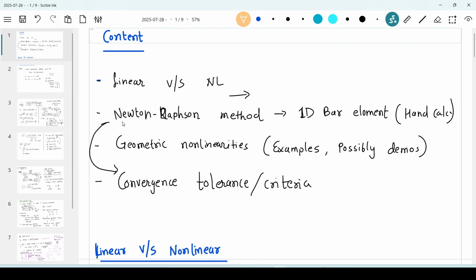Right now we are just trying to understand the nonlinear analysis and the Newton-Raphson method, how to solve the nonlinear analysis. We'll see what the different nonlinear examples are, but let's first understand how to solve the nonlinear analysis. If you take all the examples, most of these applications in automotive or in any metal forming are all non-linear.